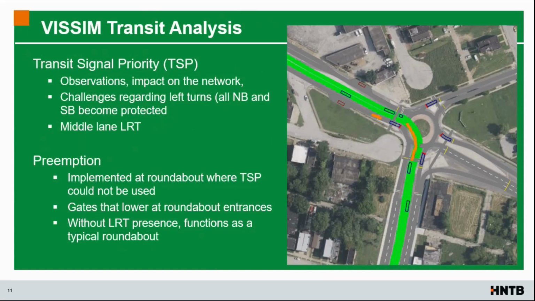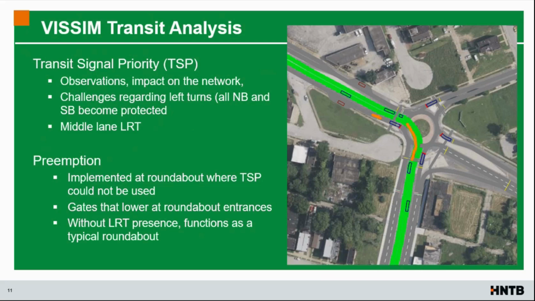All right. Thank you, Zach. The fun part, the transit signal priority and preemption. We model transit signal priority in almost every location. As Joe mentioned, at every signalized intersection, we try to have transit signal priority.